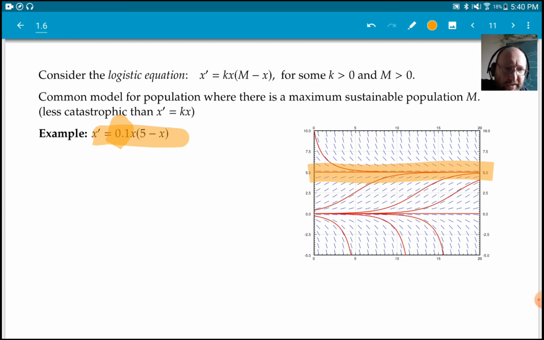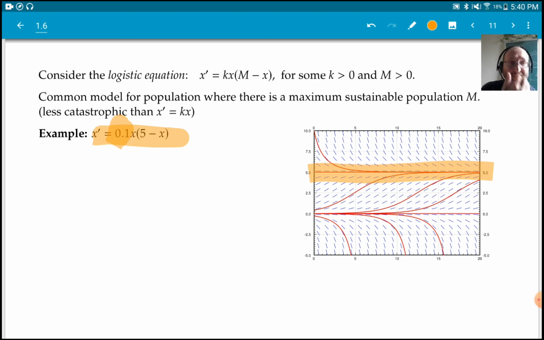Now, notice that generally, you would probably start between 0 and 5 here. If it's population, you definitely wouldn't start from negative numbers, but as far as the mathematics, that makes sense. It just doesn't make sense in real life. What does it mean to have a population of -5?